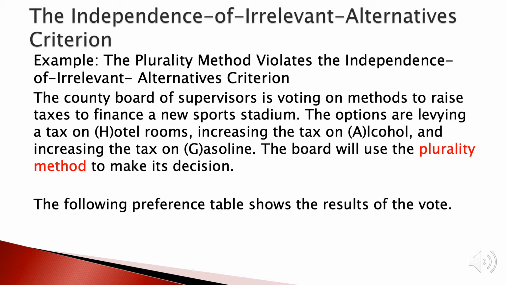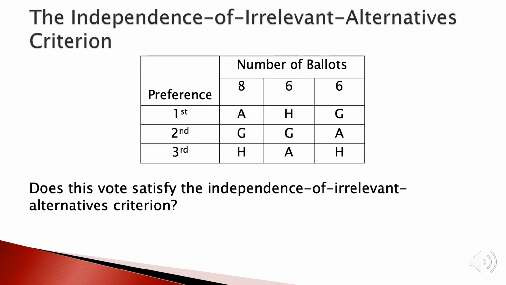The candidates are H, A, and G. First, we use the plurality method to make the decision by the given preference table. Then, we check if the vote satisfies the independence of irrelevant alternatives criterion.